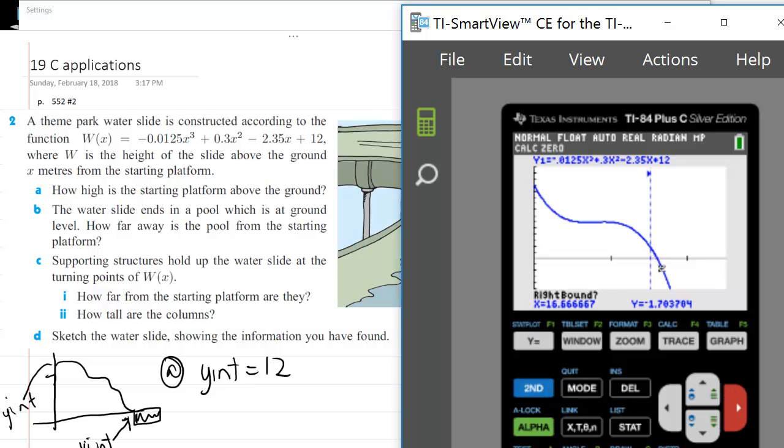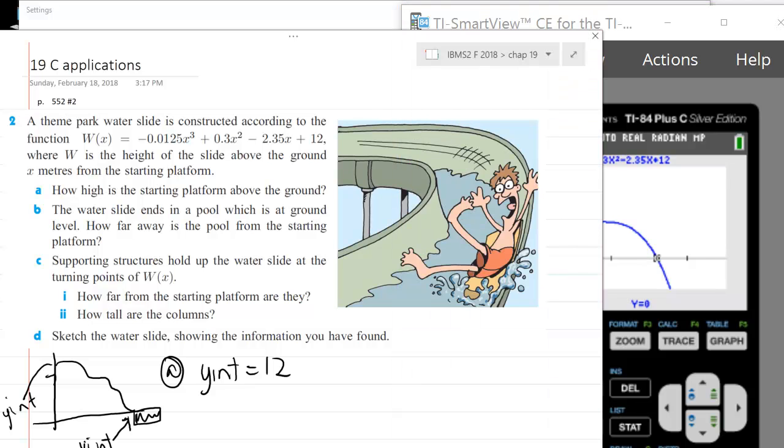Right side of the curve, enter, enter. There we go. So we know that our x-intercept is now 16. So that means that the pool is 16 meters away from the starting platform. So back over here, pool is 16 meters away.